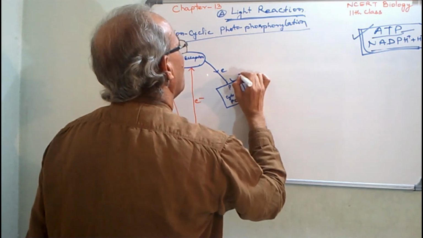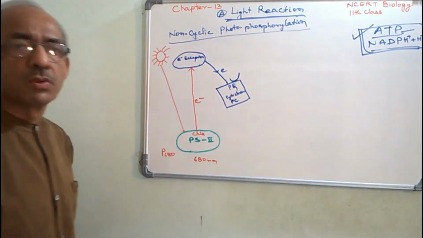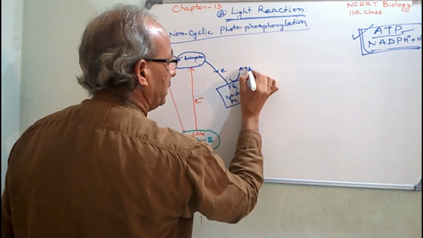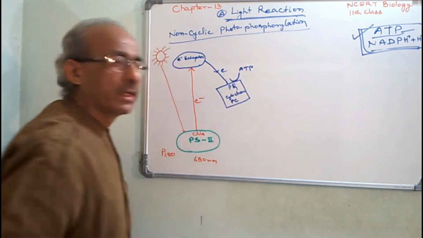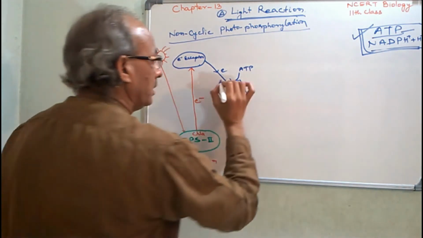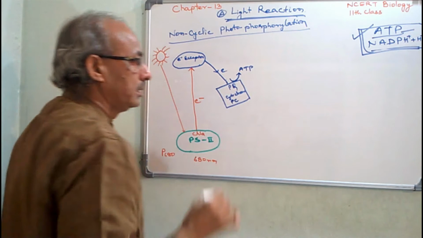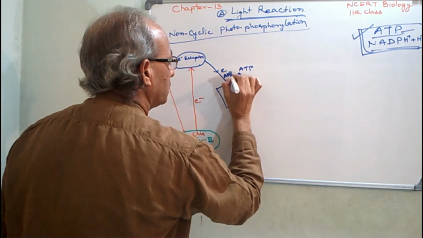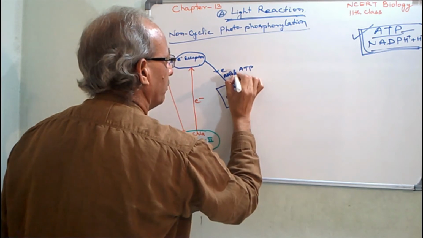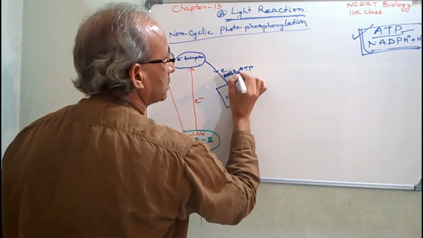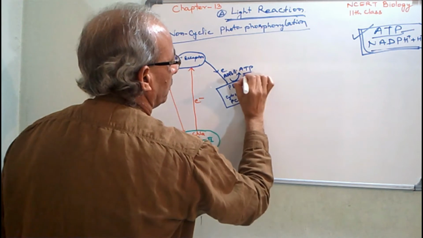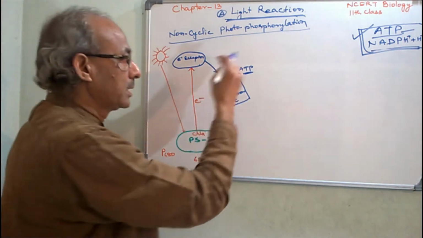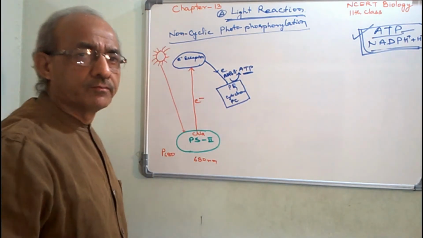At this stage, photophosphorylation takes place and ATP is generated. ADP combines with inorganic phosphate and converts into ATP. This is a high energy chemical intermediate.